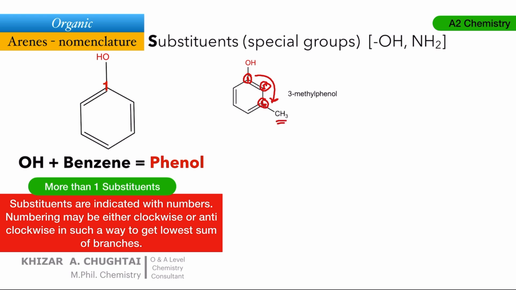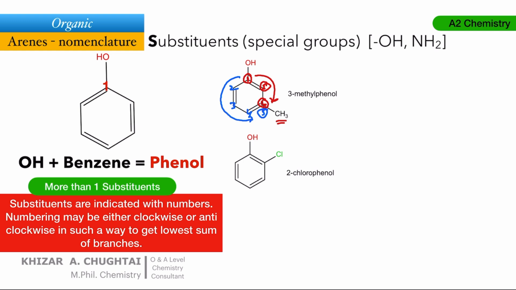If we are moving anti-clockwise, then it's position number 2, 3, 4, and 5. Then the lowest number is preferred. So in this case, its name is 3-methyl. 3 is the position of this group, 3-methyl, and the rest of the compound is said to be phenol, 3-methylphenol.